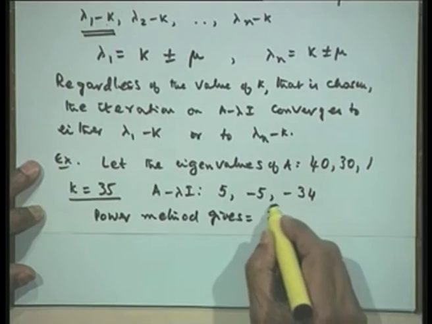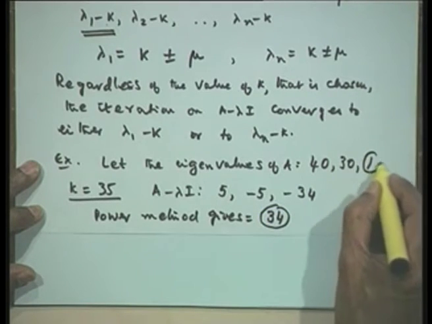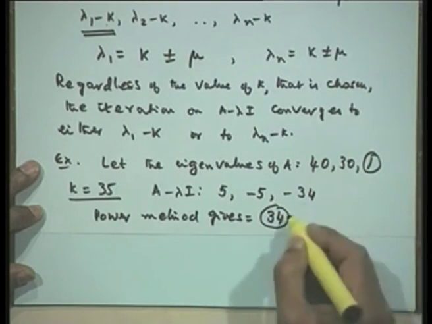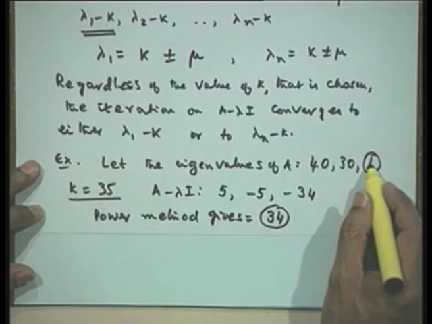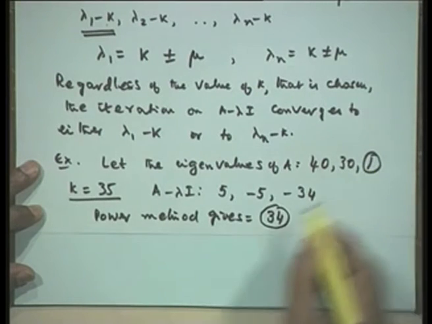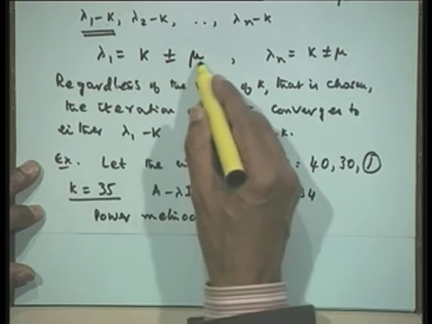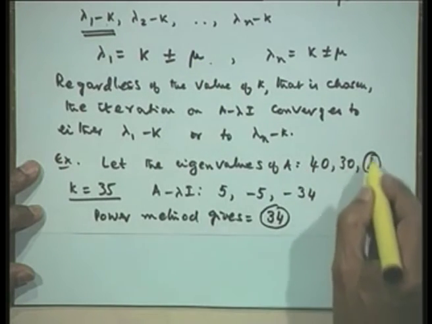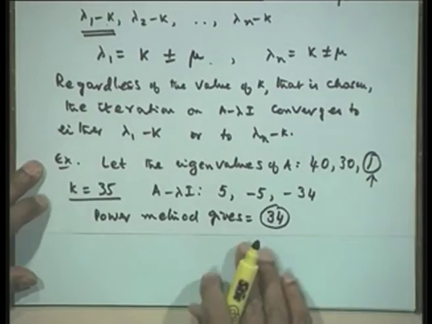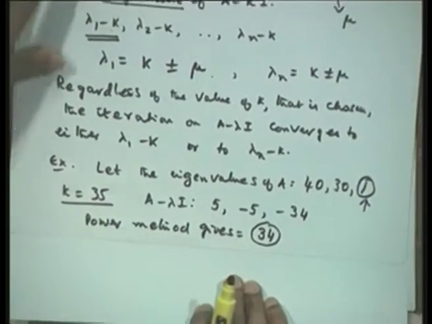Now, if you look at this 34, this corresponds to 1. When you go back, taking k plus or minus mu, it is going to give you this eigenvalue. Therefore, it has converged to the smallest eigenvalue if I take k equal to 35. Let us take some other value.